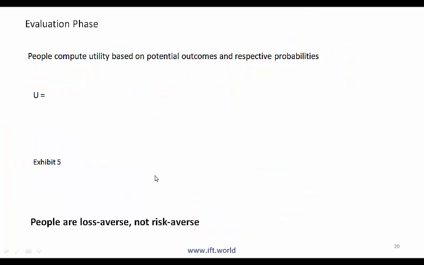All right. Okay, now do you recall, so in this theory, there were two phases. What was the first phase? That's the phase we just talked about, the framing / editing phase. The second phase is the evaluation phase. So here, again, like in your regular utility theory, people compute utility based on potential outcomes and the probabilities of those outcomes.